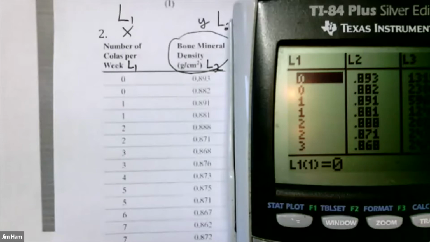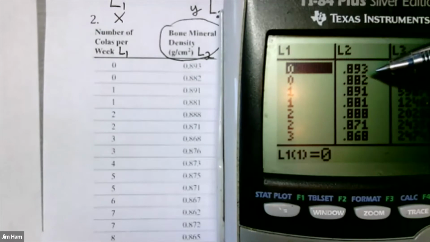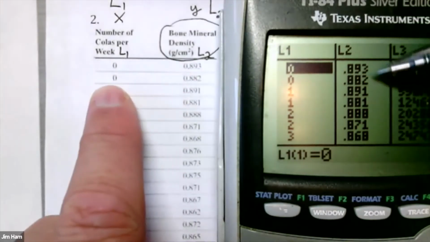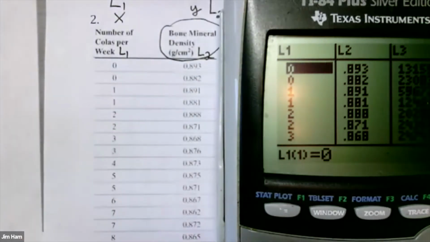So there's not a lot of variation in bone strength for humans, whether or not they consume colas. So it's hard to just look at this data set and observe a trend. It's important that 0 matches up with 0.893, these go together, and then 0 matches up with 0.882, and so on as you go through.